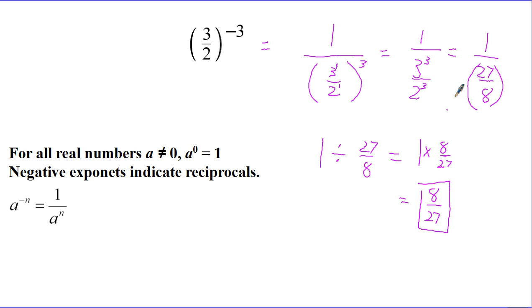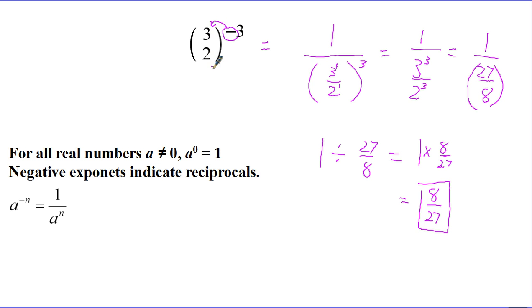Notice that while it was up here in the complex fraction form, a fraction within a fraction, that's not considered to be an acceptable answer. Down here it is. Now, the shortcut anytime you see a negative exponent on a fraction is just to flip the fraction, meaning the application of the negative says just flip that fraction.